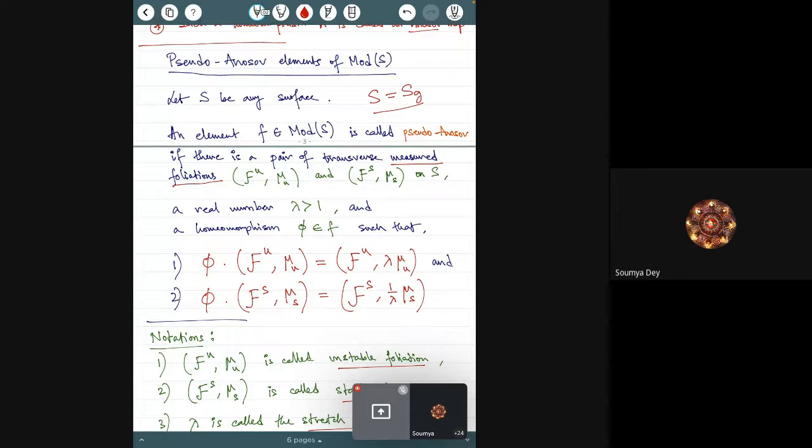I'll not be defining what they are, but by singular I mean you can find a collection of curves on your surface which are disjoint, and they fill your surface apart from some singularities.